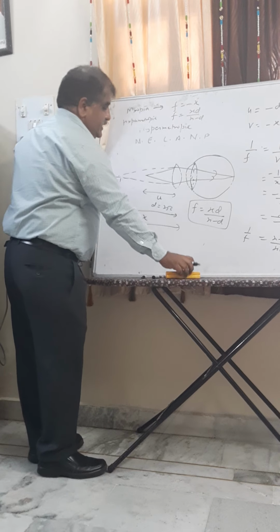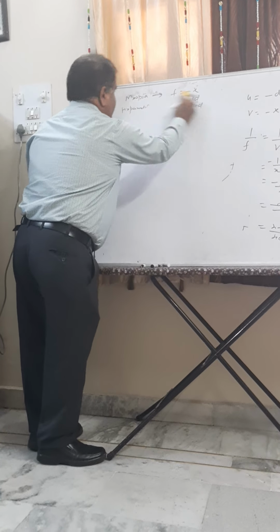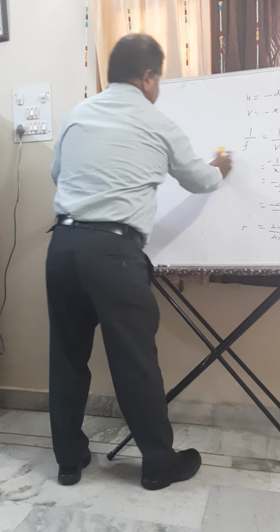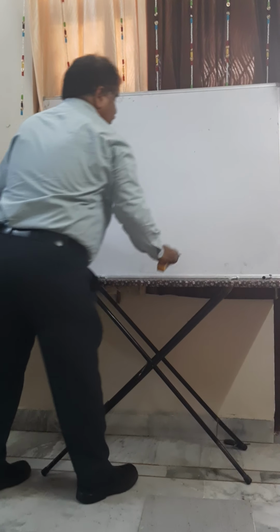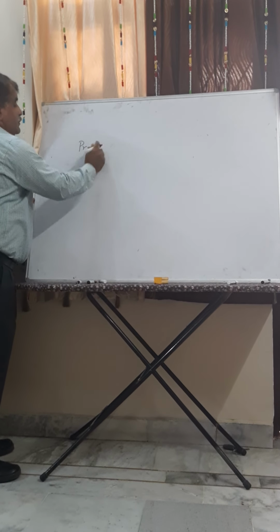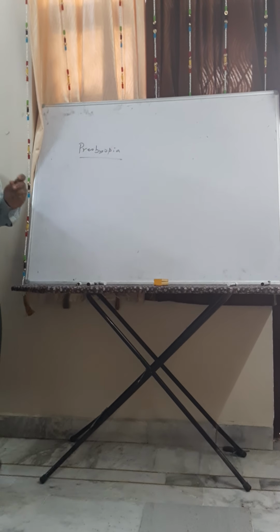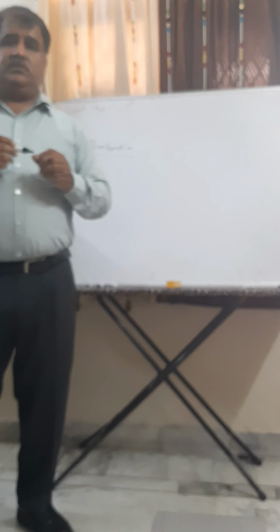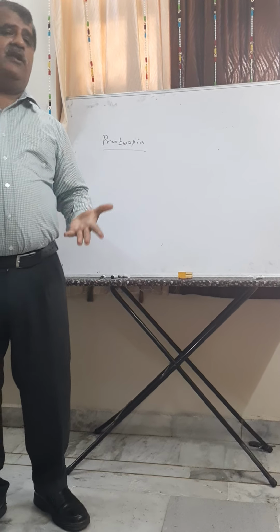Now let us discuss the third defect of vision, that is presbyopia. Presbyopia is what? It is that defect of vision in which an old age person cannot see nearby things clearly.